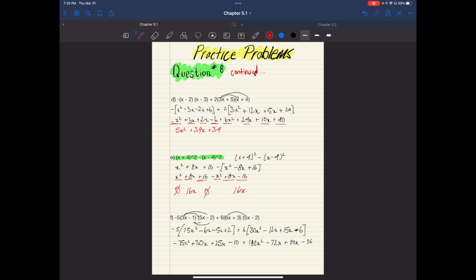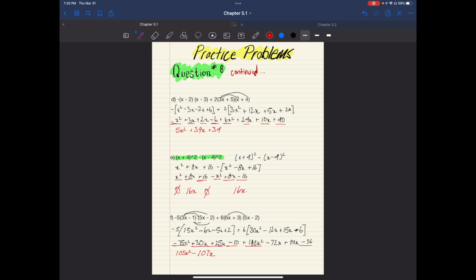Combine like terms. Negative 75 and 180 becomes 105x squared. 30 and 25 is 55. 55 and negative 162, let's see on my calculator here. 55 minus 162 becomes negative 107.